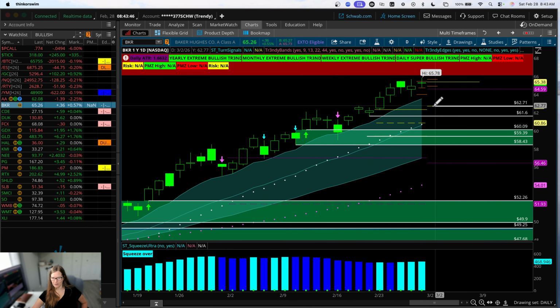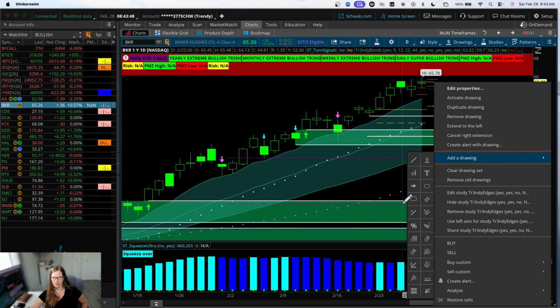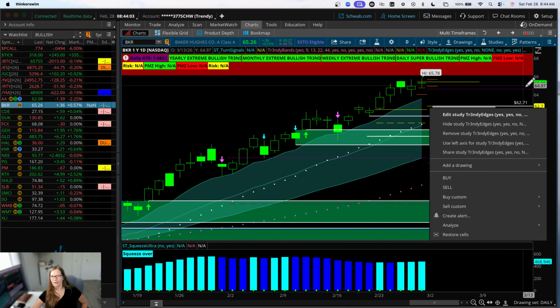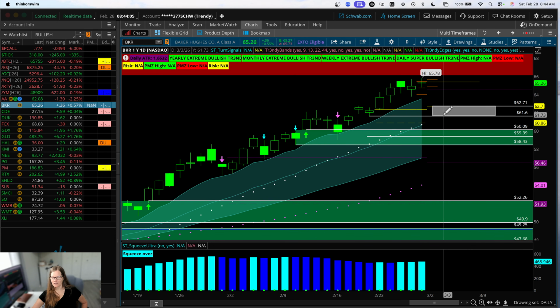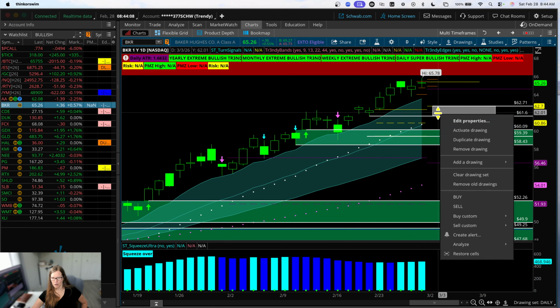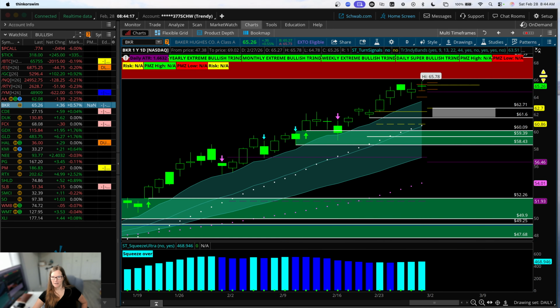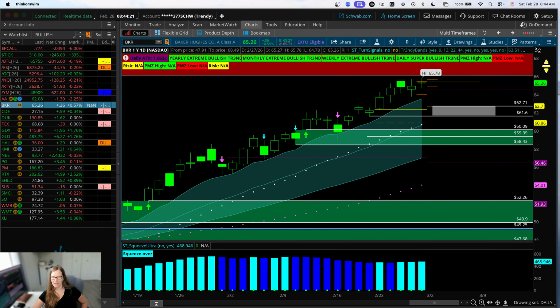If you have the trendy indicators, you don't have to do all of this. You can just use those lower weekly or monthly edges as your buy zone and draw down, turn the cloud on these zones, and it's going to give it to you as a zone. All right. So for a quick buy zone on Baker Hughes, that's going to be 62.71 to 61.60, and the target is going to be that 66.10 to 68.59.